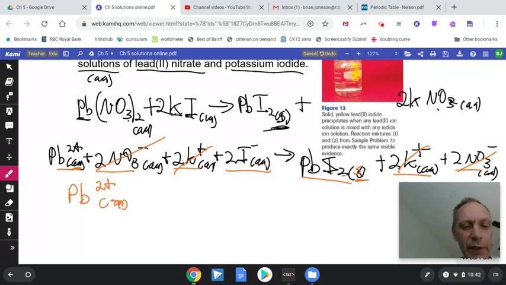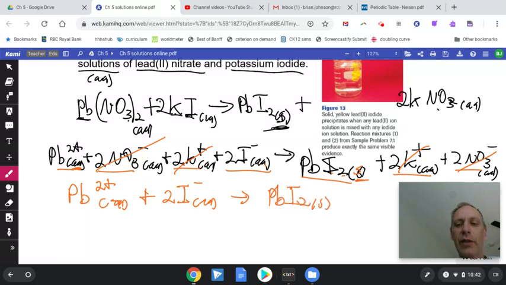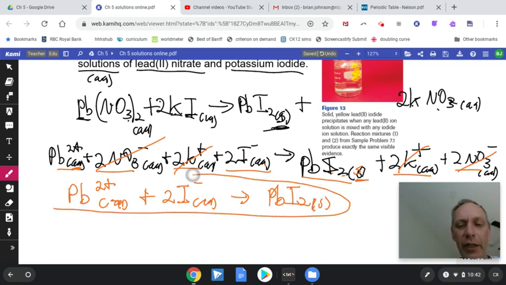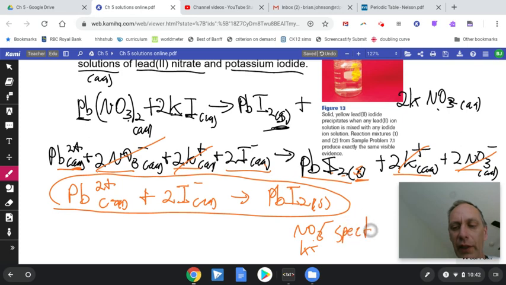Pb2 plus aqueous, 2 I minus aqueous, becomes PbI2 solid. So there were a lot of spectator ions in that reaction. This is what's really happening, and we would say the nitrates and the K plus are just on the sidelines. Spectator ions.